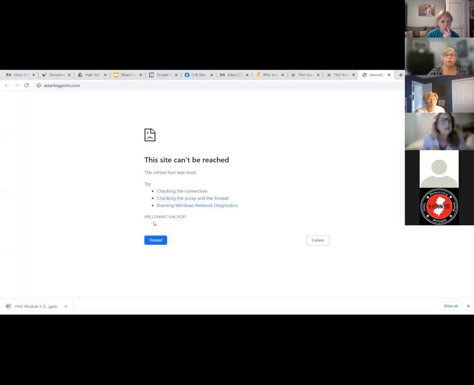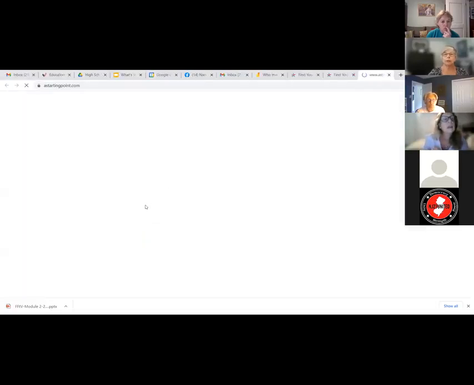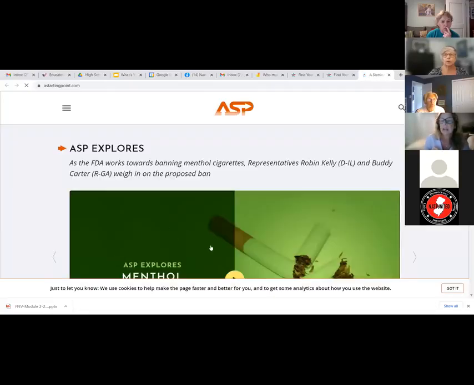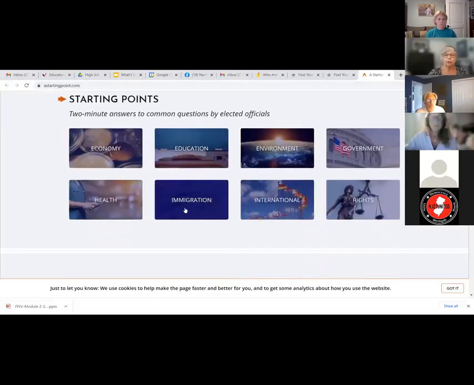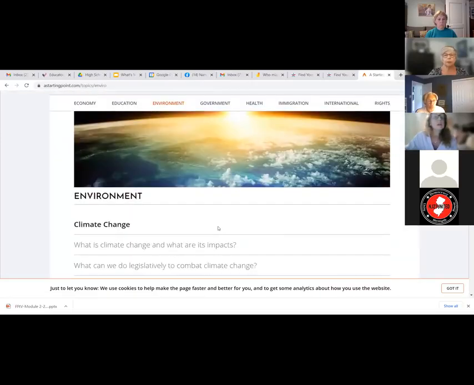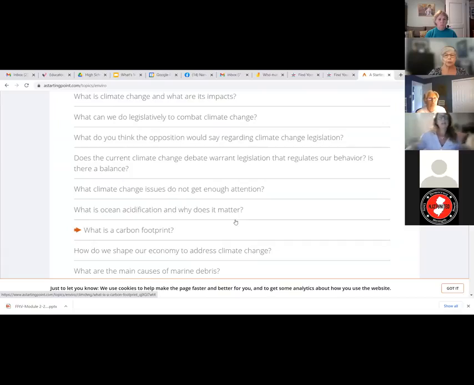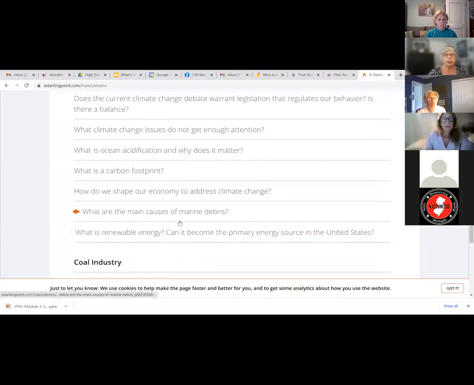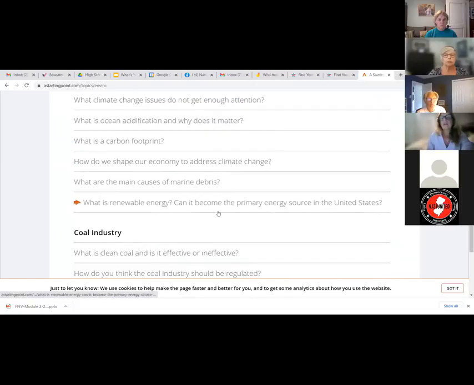And I'm going to give you the example of climate change. You scroll down and you find the environment, and then you can scroll down again.